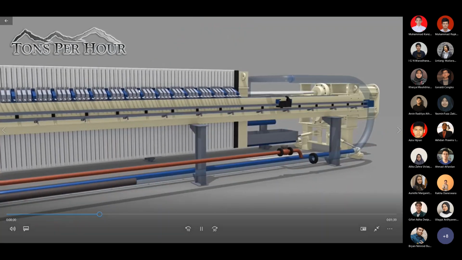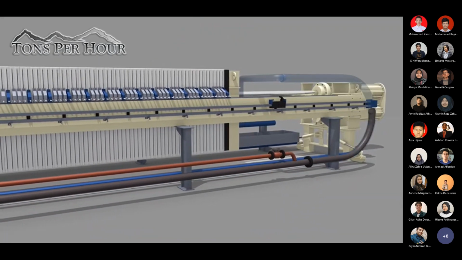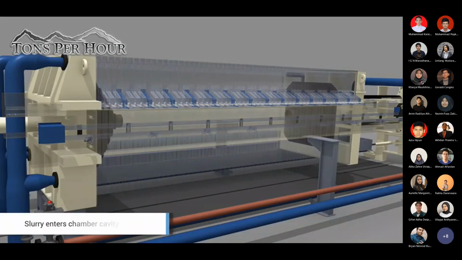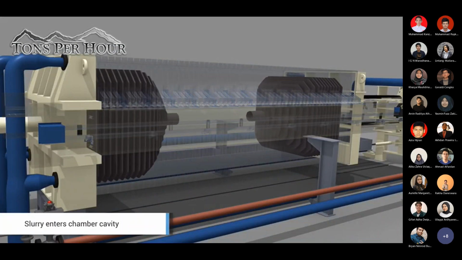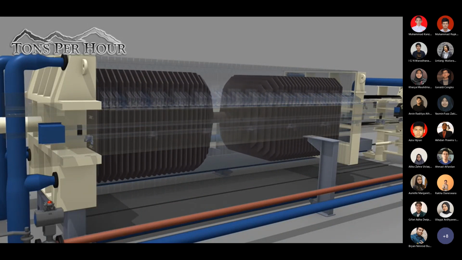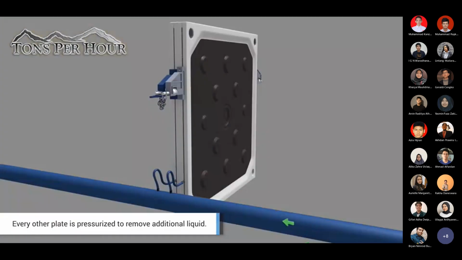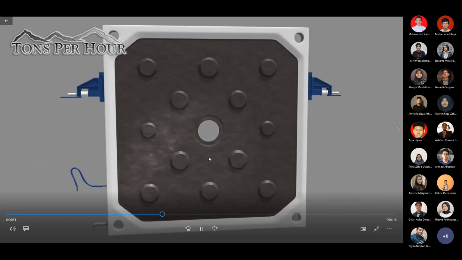So here is the illustration. The sludge enters the chamber, enters the plate. All of the plate now is filled by sludge.